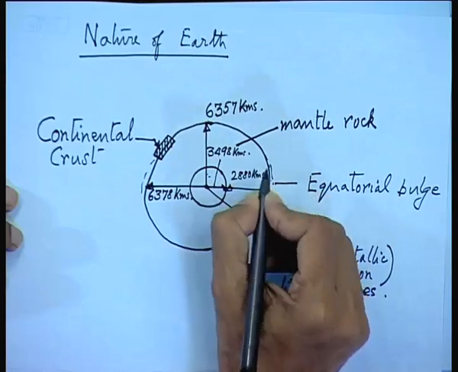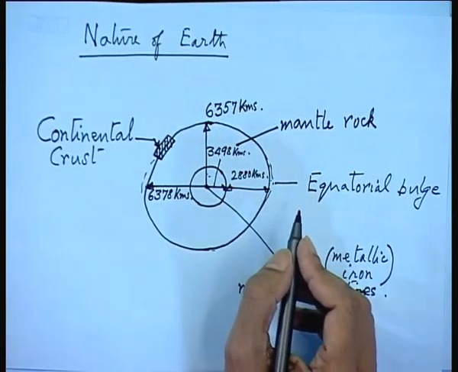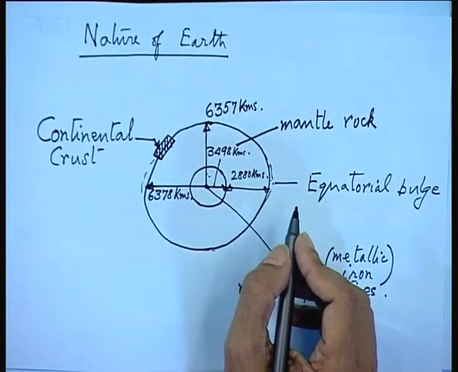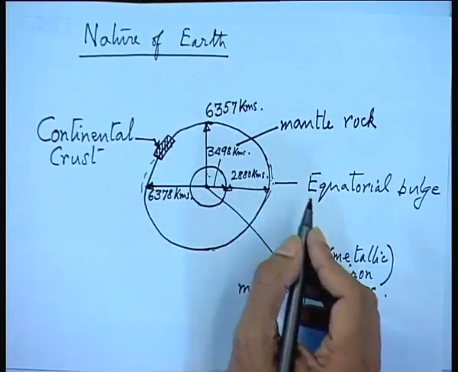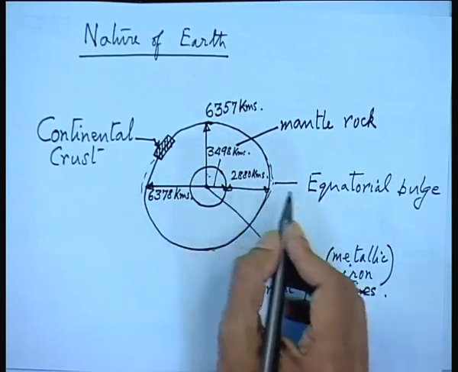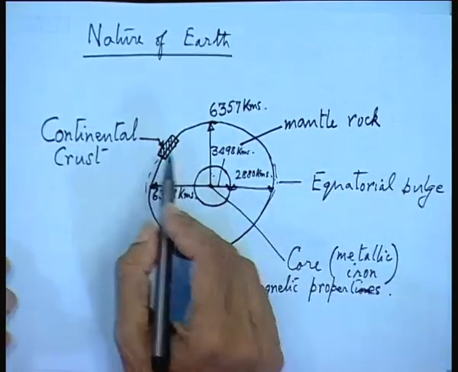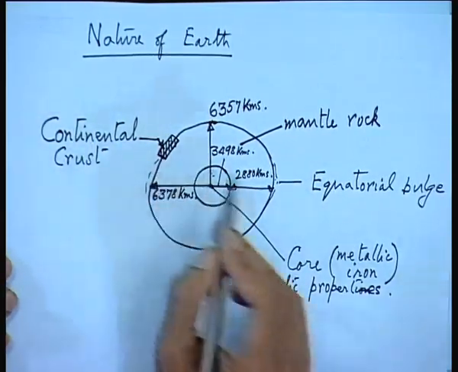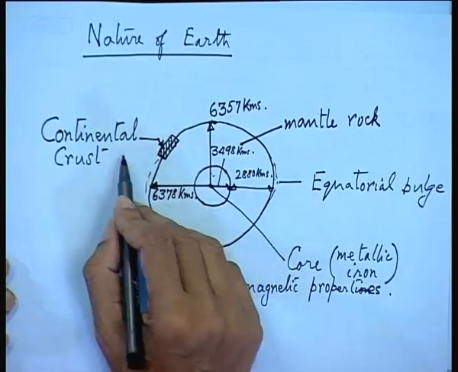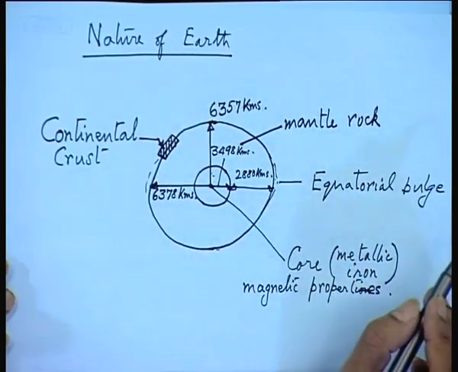So, you can see that the core radius is more than the thickness of the mantle, but mantle rock is also quite significant. So, here we find that the continental crust is essentially floating on the mantle rock.